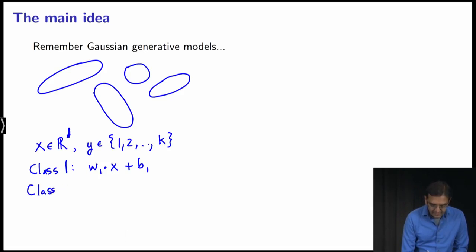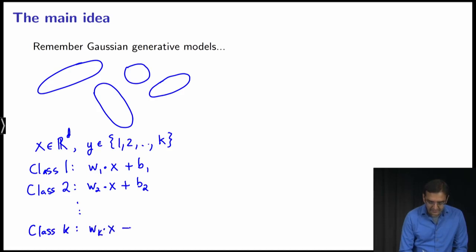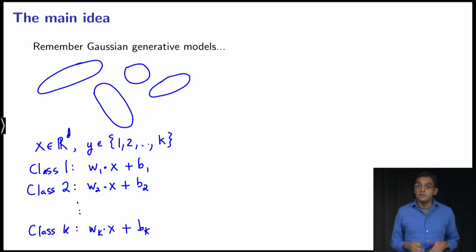Class 2 has its own linear function, say w2 dot x plus b2, all the way to class k, say wk dot x plus bk. Now, when a new point x arrives, every class evaluates its linear function, and the one with the largest value is the winner, and that's the label we predict.